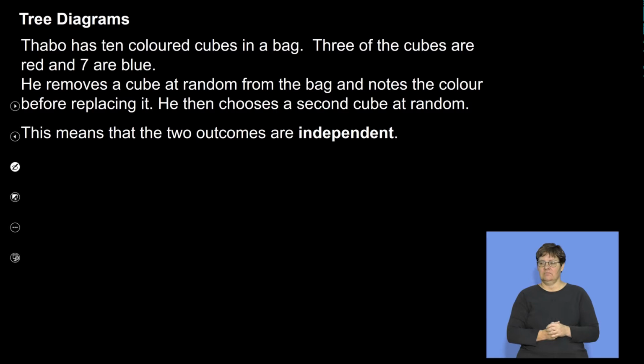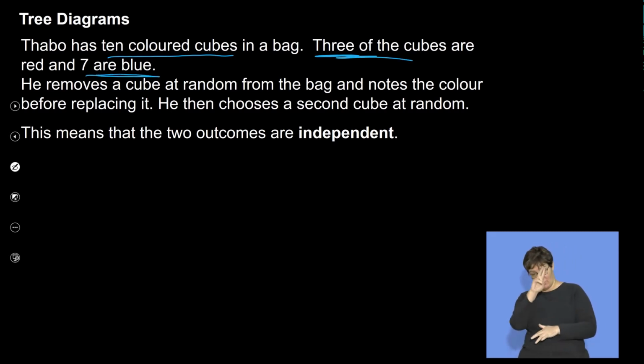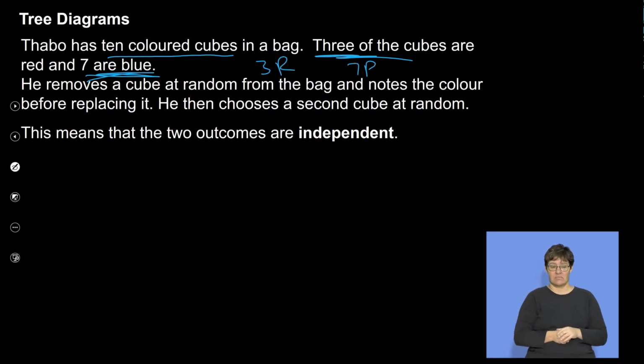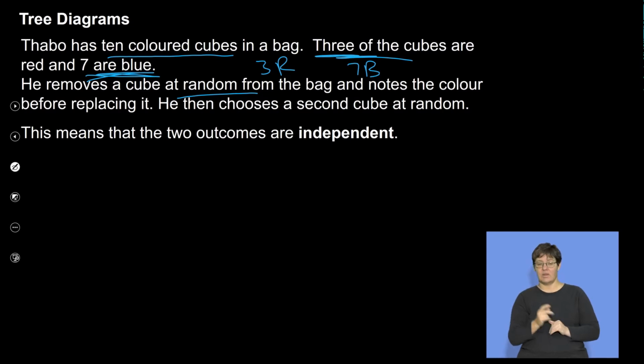So Tabo has 10 colored cubes in the bag. Very important, 3 of the cubes are red and 7 blue. He removes a cube at random from the bag, notes the color and replaces it. Very important, you replace.